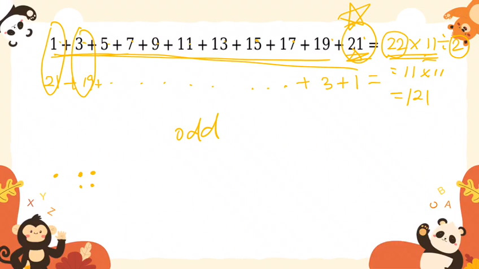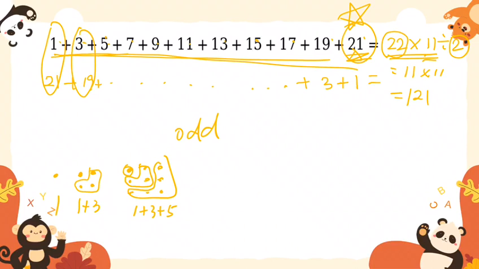This is 1 plus 3. Okay, 1 plus 3. This is 3. And 5 is 1, 1, 2, 3, 1, 2, 3, 4, 5. Do you find something? 1, 3, and 5. This is 1. This is 1 plus 3. This is 1 plus 3 plus 5.